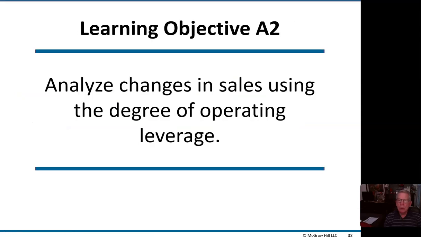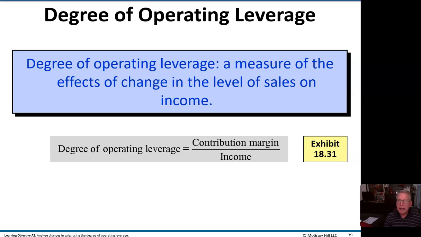Okay, so how do we analyze changes in sales using a degree of operating leverage? Well, here, the degree of operating leverage is a measure of the effects of a change in the level of sales on income.